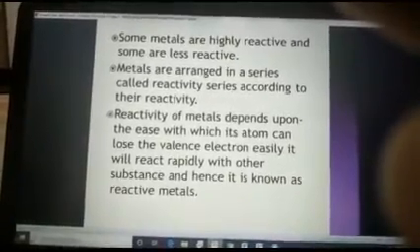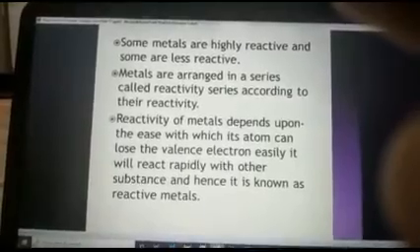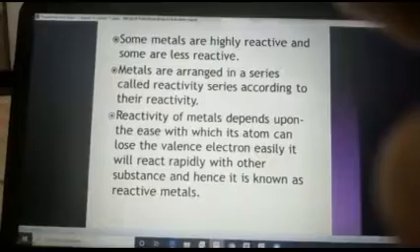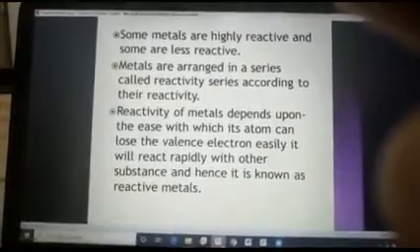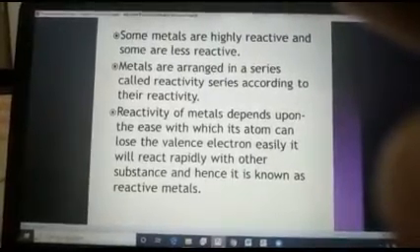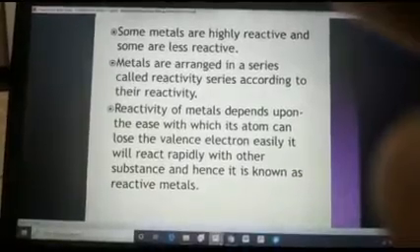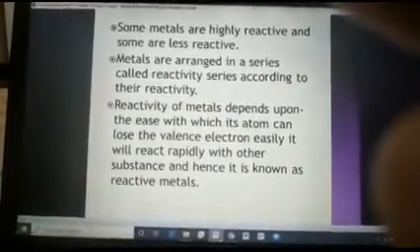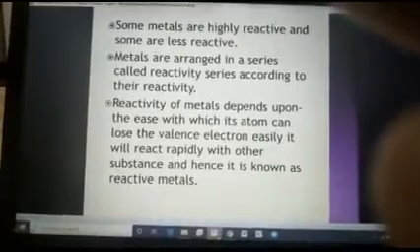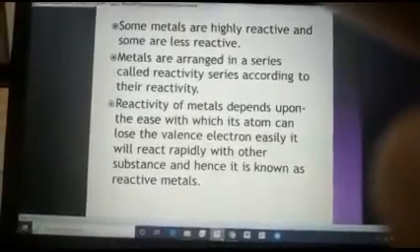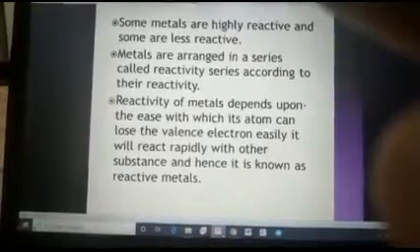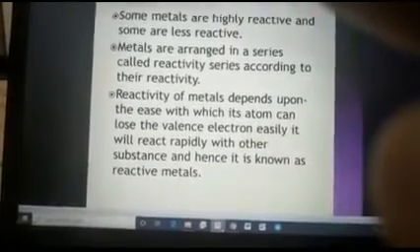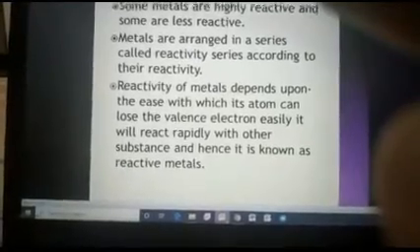Similarly, calcium has atomic number 20, and you are able to write its electronic configuration; calcium also has 2 electrons in its outermost shell. That's why it is less reactive than sodium and potassium, but in itself highly reactive. Then the next is aluminium, 3+, atomic number 13, electronic configuration 2, 8, 3. Okay students, and so on.